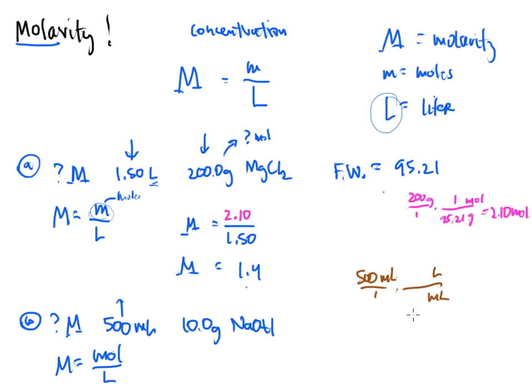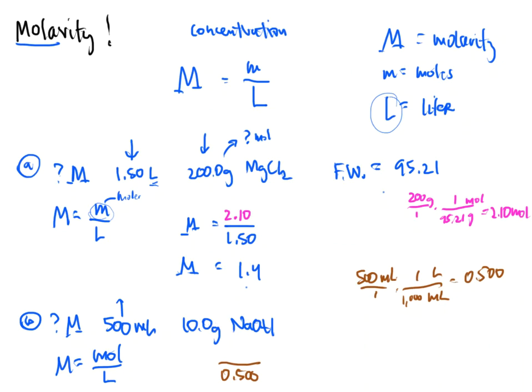I need to get to liter. So milli means a thousandth, so 1,000 mils is in a liter. So 500 divided by 1,000 is 0.500. So that's the number that goes on the bottom. I've converted my milliliter to liter, right?